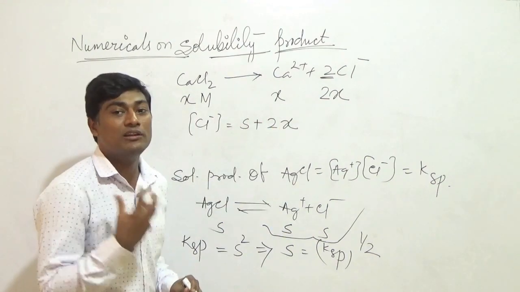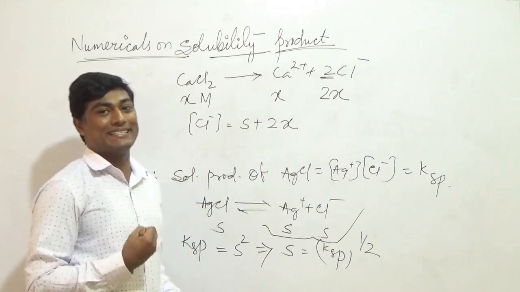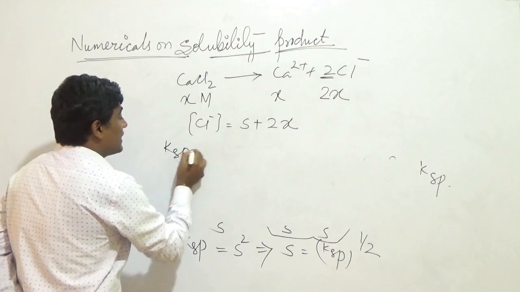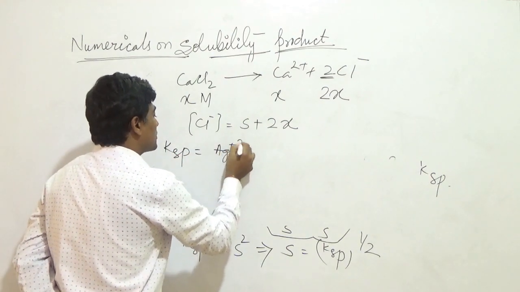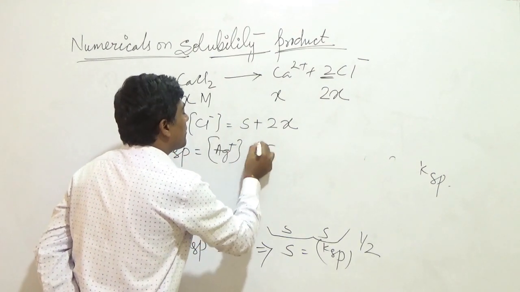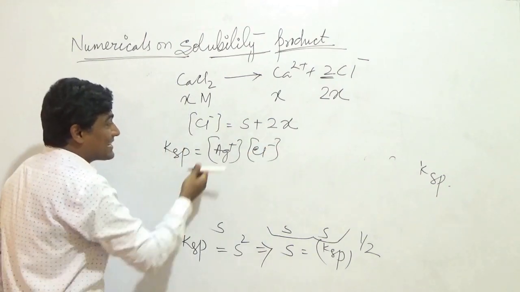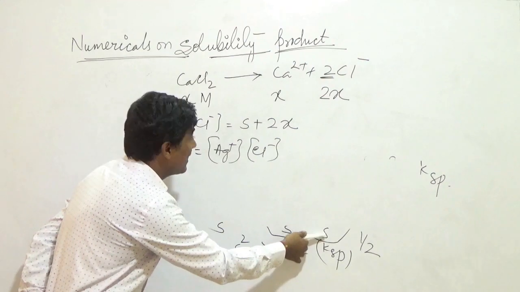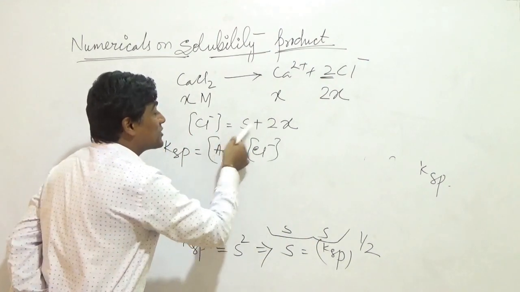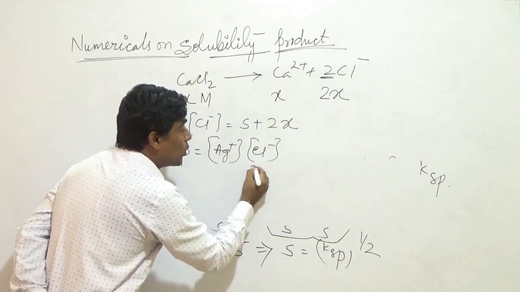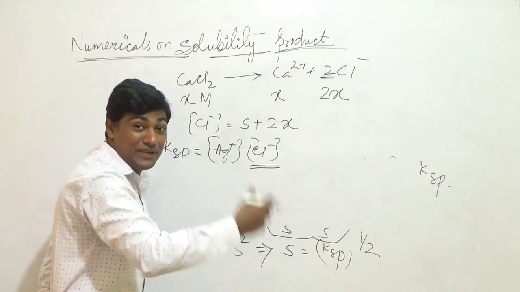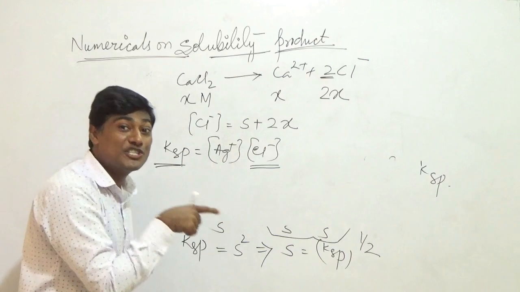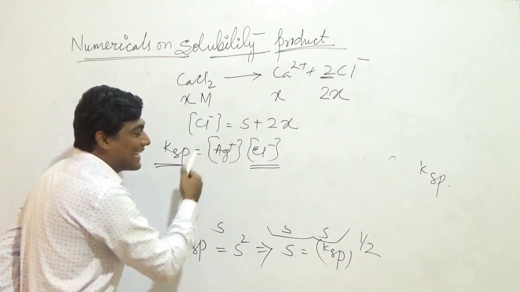But since the solubility product of AgCl is always fixed, Ksp is equal to the Ag+ concentration into the Cl− concentration, and the Cl− concentration is not merely S, it is more than that, S plus 2X. Since the chloride ion has increased and Ksp is to be kept constant, the Ag+ should decrease.